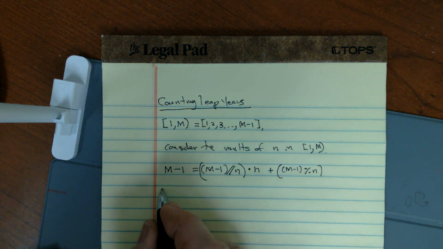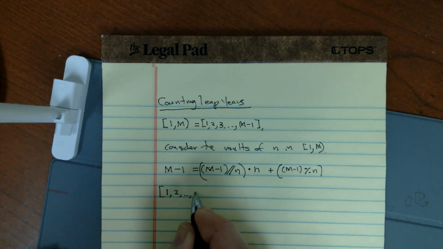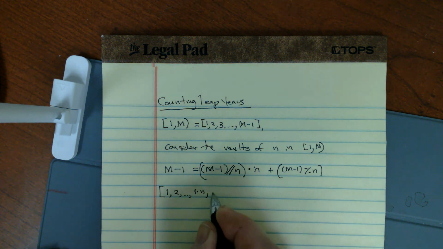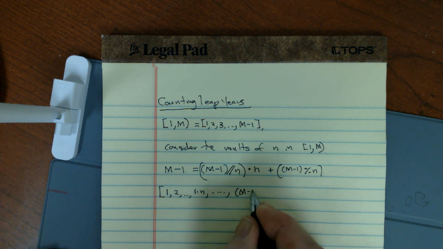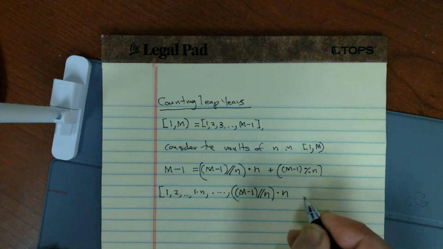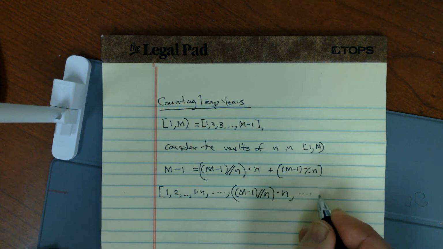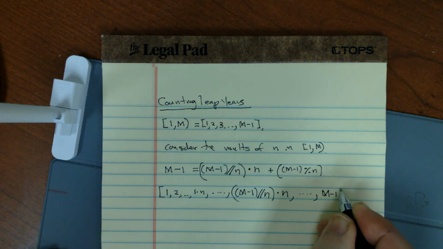So in that way, I can start out counting with 1 times n, 2 times n, 3 times n, 4 times n, until I am finally up to (M minus 1 integer divided by n) times n, and then continue until I get to M minus 1, and I'm done.